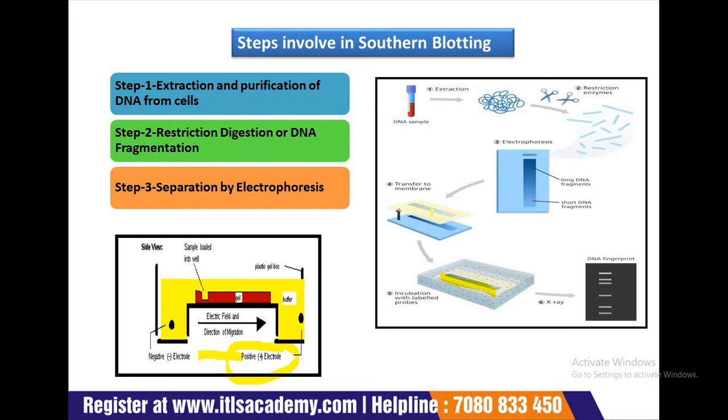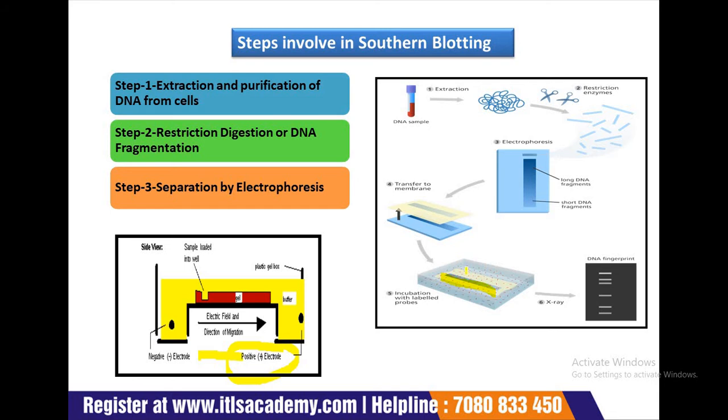Here the gel is transferred onto this buffer. Finally some dry filter paper is placed on top of the membrane. Fragments are pulled towards the nitrocellulose filter membrane by capillary action.